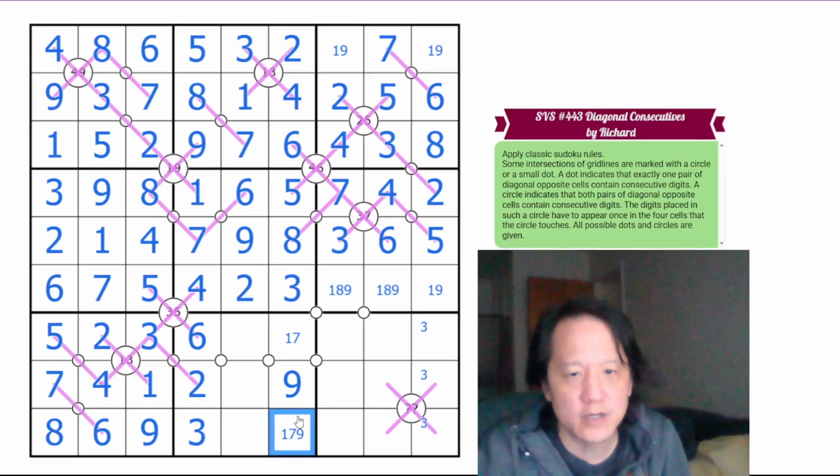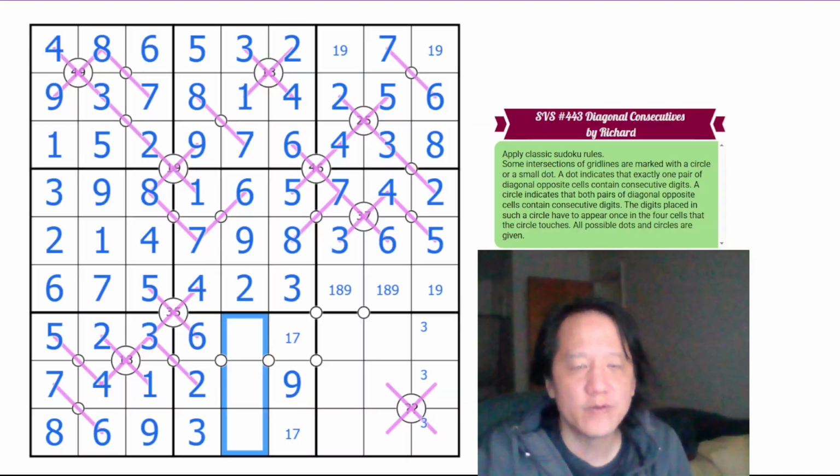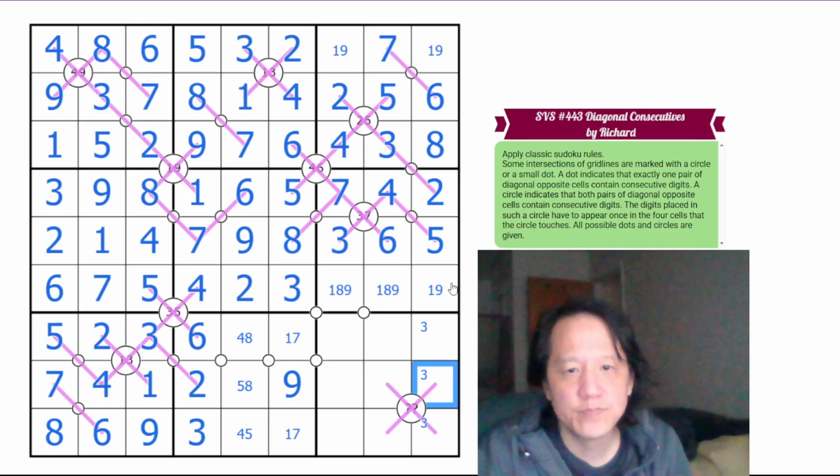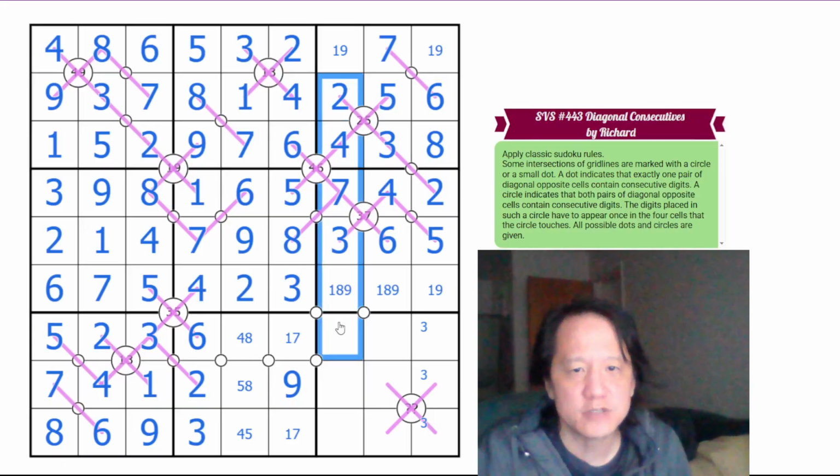This can't be 9. Remaining digits in column 5 are 4, 5, and 8. This can't be 4, this can't be 5, this can't be 8. Okay. 3 is only consecutive with 2 and 4, and 2 and 4 are eliminated for the possibilities in column 7.